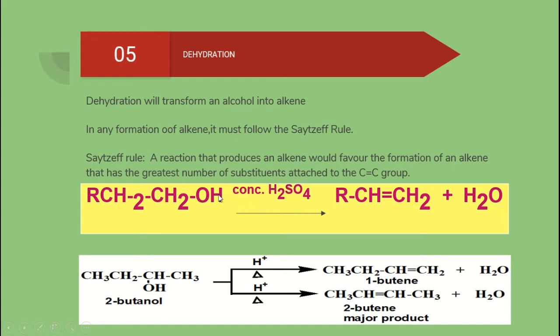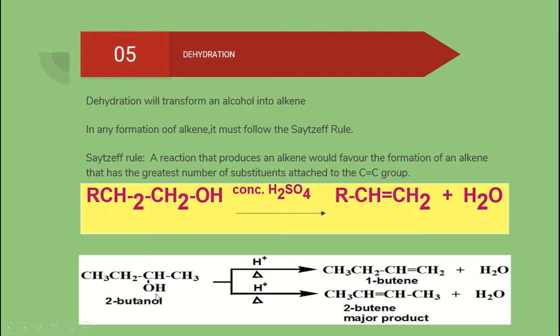So the hydroxyl group will disappear and form water, and there will be the formation of a C double bond C. But where is the C double bond C going to form? This is where the Zaitsev rule plays its role.